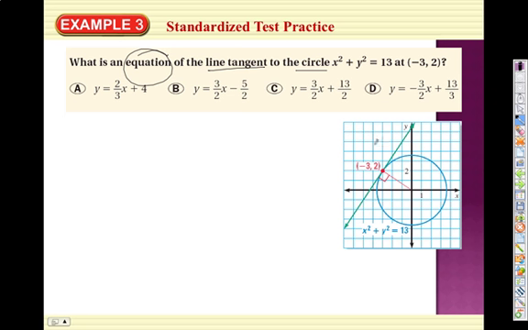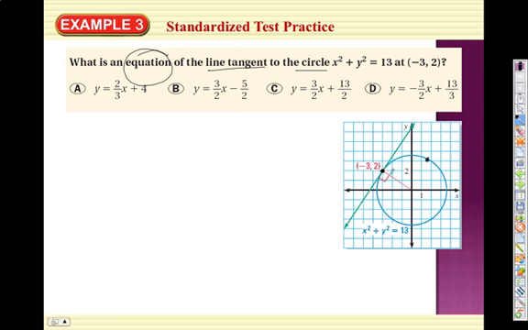Alright, the next type of example is trying to find an equation again of a line tangent to the circle. So you have to understand what a tangent line is. A tangent line goes through one point of the circle. Every point on this circle has a different tangent line. Okay, and that tangent line is perpendicular to the radius at that point.